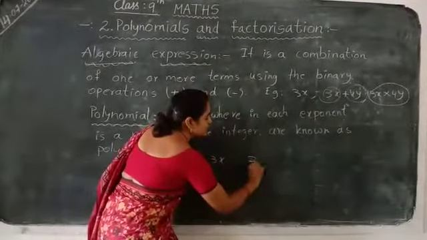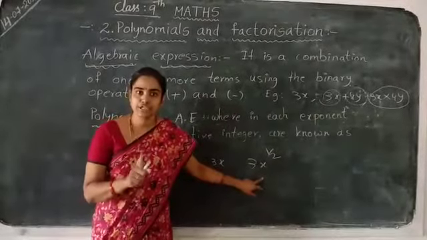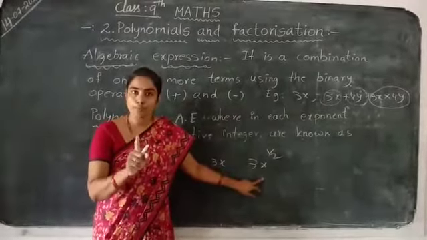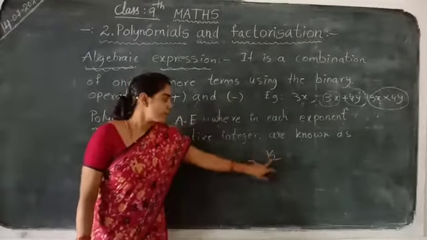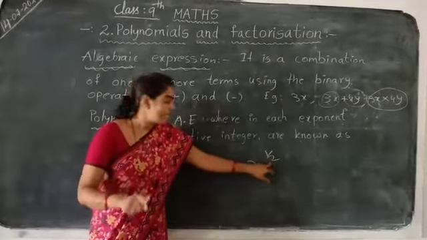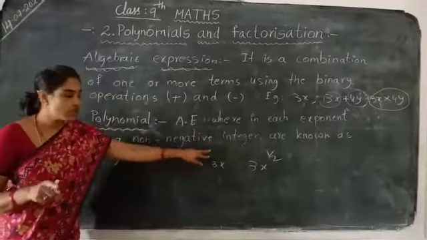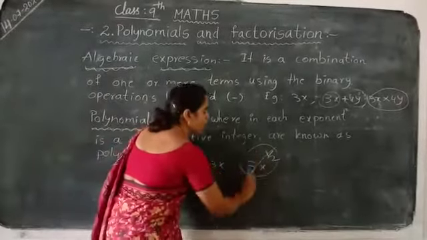But 3x power 1 by 2 is an algebraic expression but not a polynomial, because here the exponent is a rational number, so it is not a non-negative integer. So it is not a polynomial.